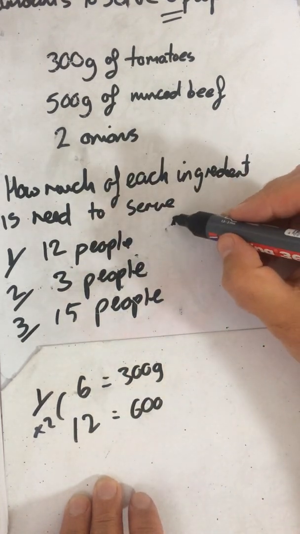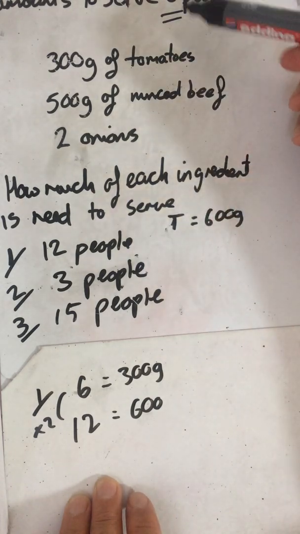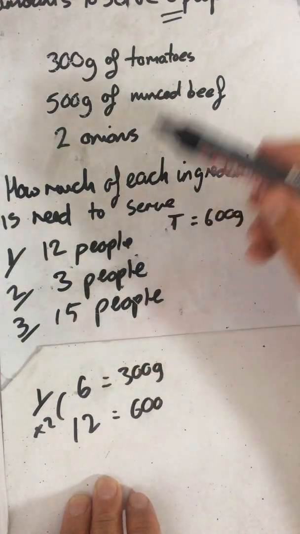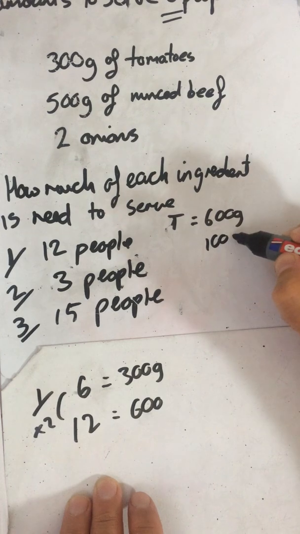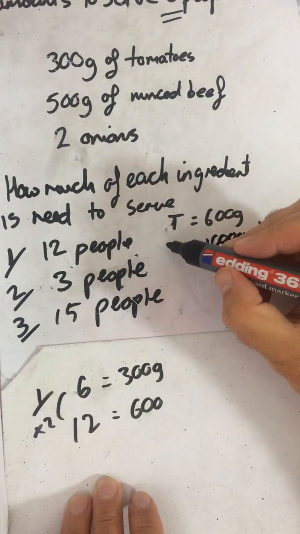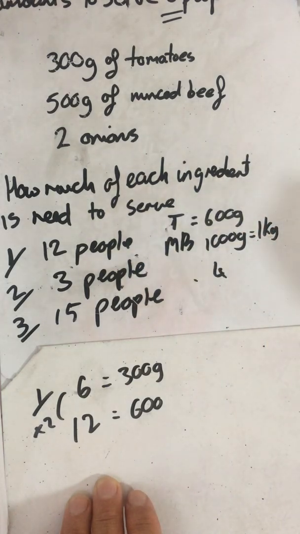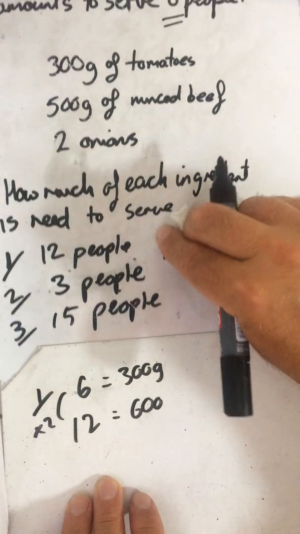Because you're doubling the amount of people, everything is going to be doubled. Minced beef is going to be 1,000 grams, same as 1 kilogram, and onions, you double again, 4. So 600 grams, 1 kilogram, 4 onions for the first one.